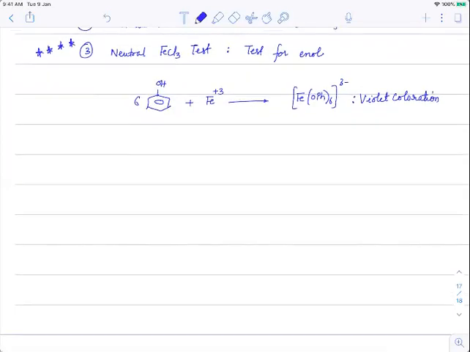Okay. So next, any form in which you have an enol, where the enol is more stable, will always give this. Suppose if you have double bond O like this, then its enol will be very, very stable. Same way, if we have double bond O, this will also have high enol content.